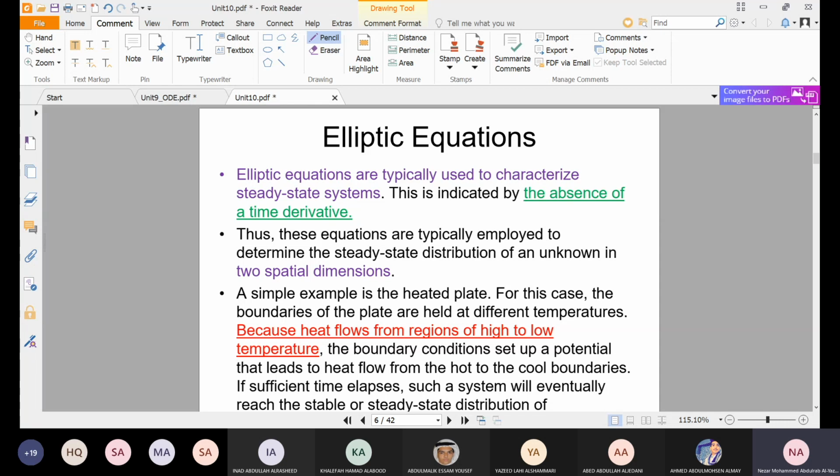So the elliptic equation is used to represent the behavior of the system at steady state, and it is easy to identify by the absence of the time derivative. It is usually used to determine the steady state distribution of an unknown in 2 dimensions.